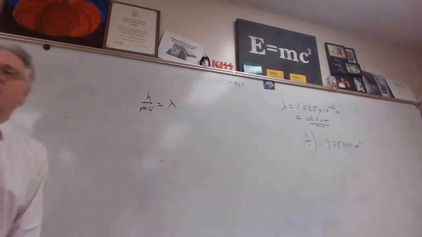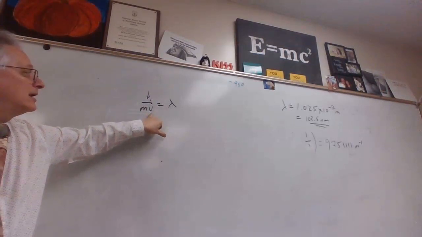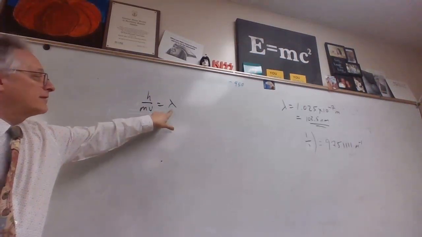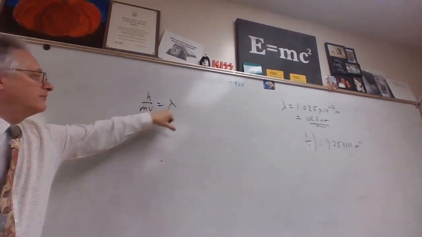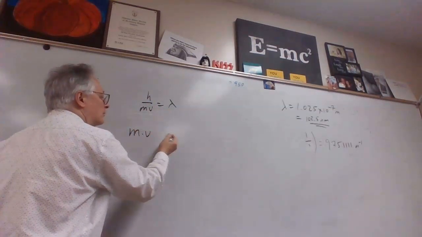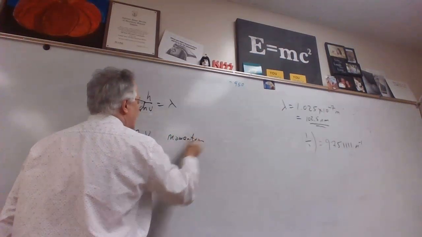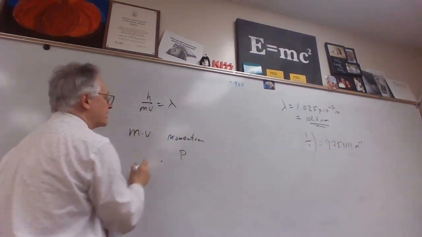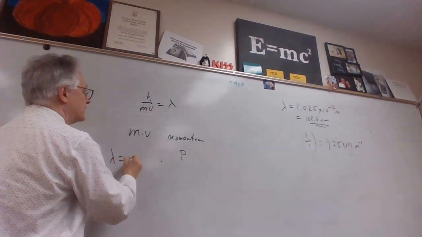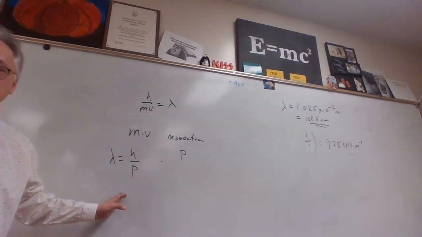The wavelength of a particle moving with a mass m and a velocity v is h over mv. Now, m times v is called momentum, and it's given the symbol p. So this can actually be written as lambda is equal to h over p. Just another shorthand notation for that.